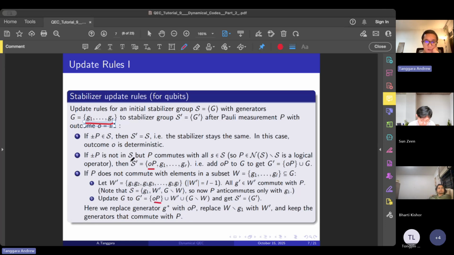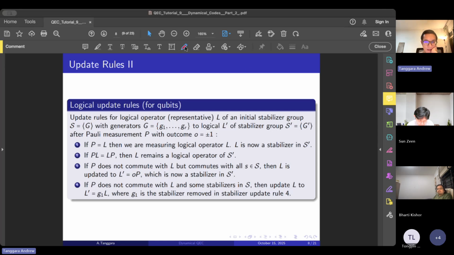That's this last rule. With the second rule, you're doing a logical measurement. And with the first one, your measurement is in the stabilizer, so it's a stabilizer measurement. That's basically the principle here. This last rule is probably the most important thing to understand.